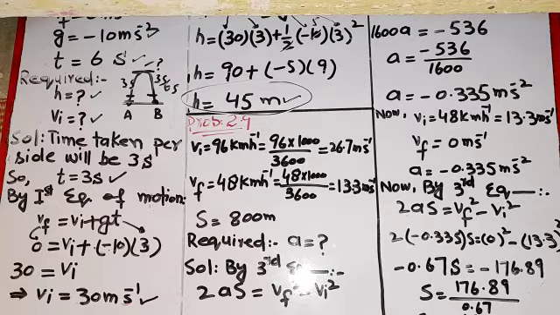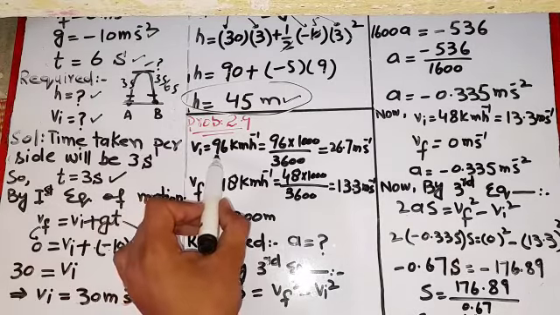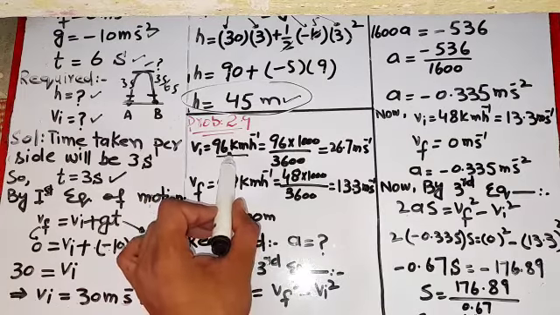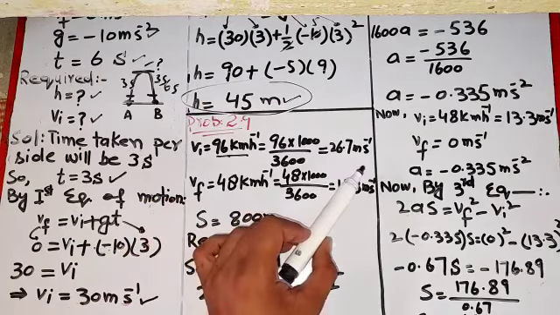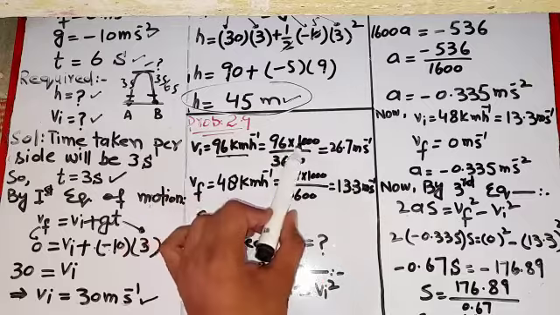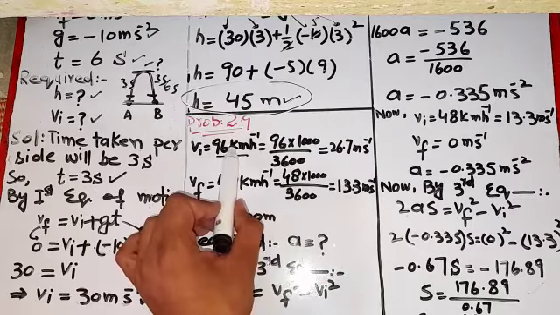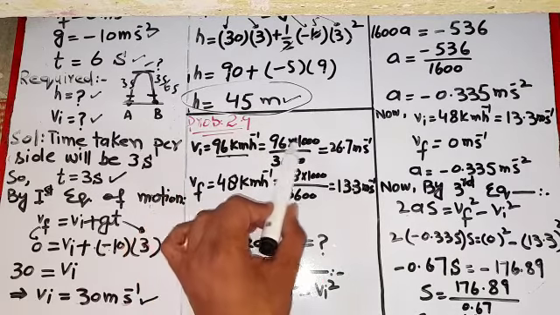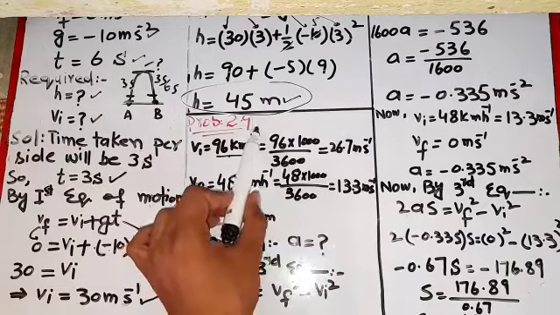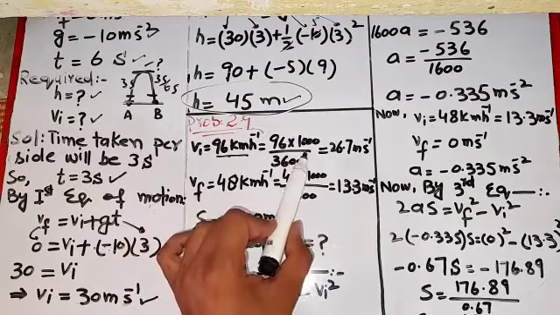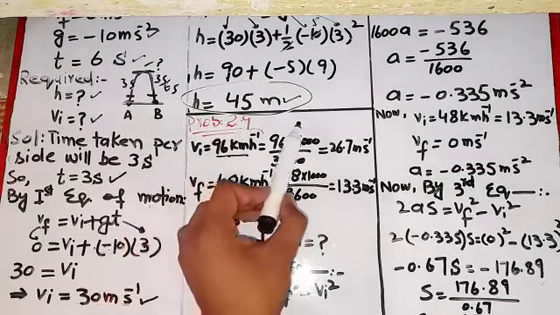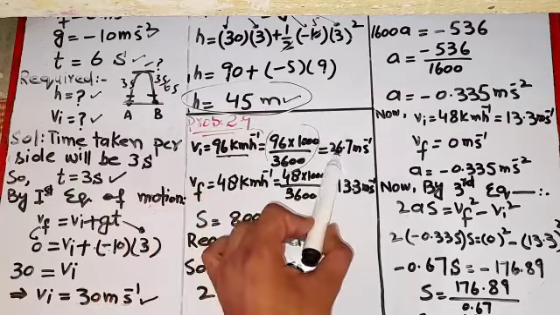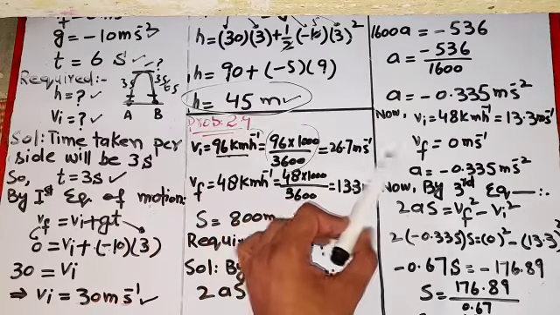because the velocity is decreasing with the passage of time. So the initial velocity is 96 km per hour. We will convert it into its SI units, meter per second, multiplied by 1000, because 1 kilometer is equal to 1000 meter and 1 hour is equal to 3600 seconds. When we put these values in the calculator, the answer will be 26.6667.